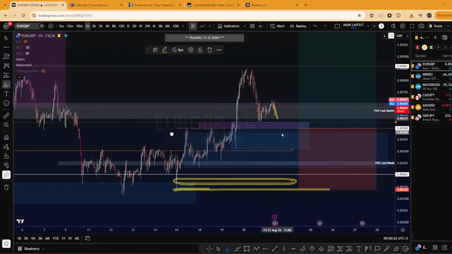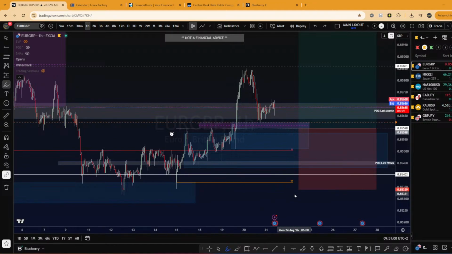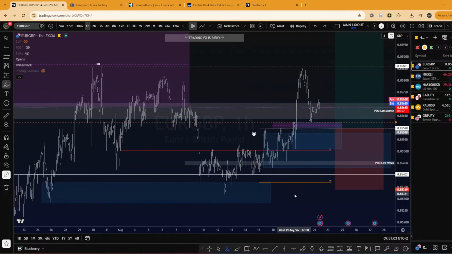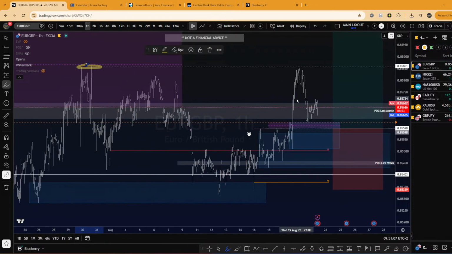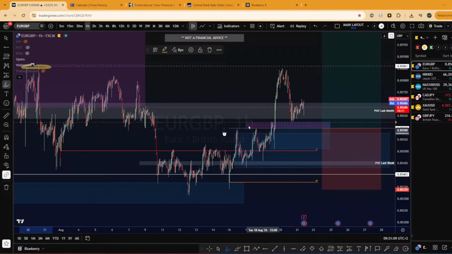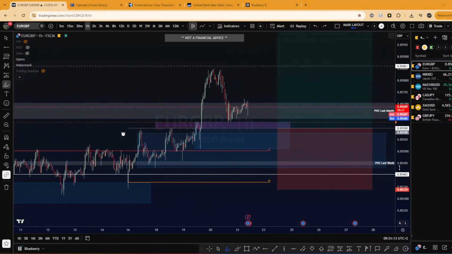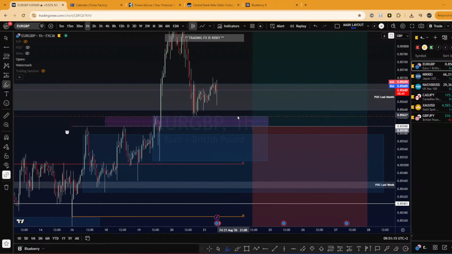So I don't want price to reach there. If price reaches there, my trade idea for today will be invalid. So let's see. Very, very interesting right now. Yeah, put some highlight here.